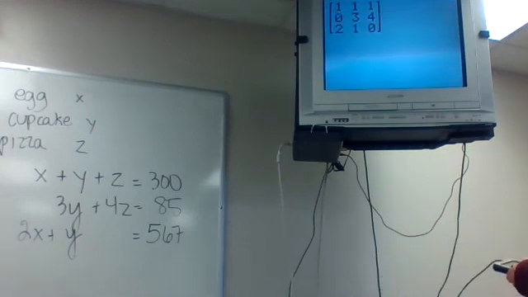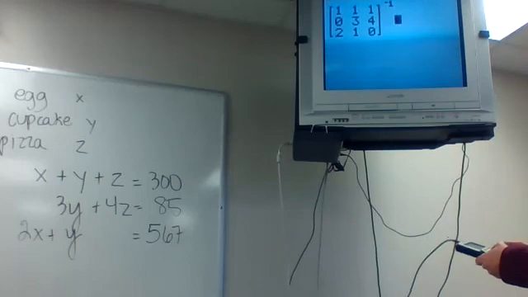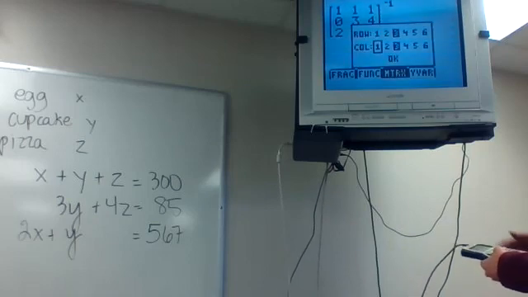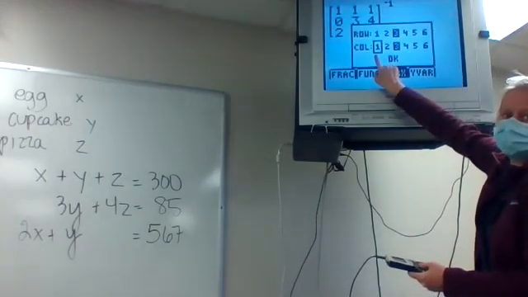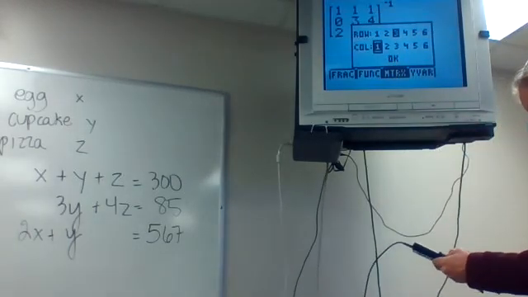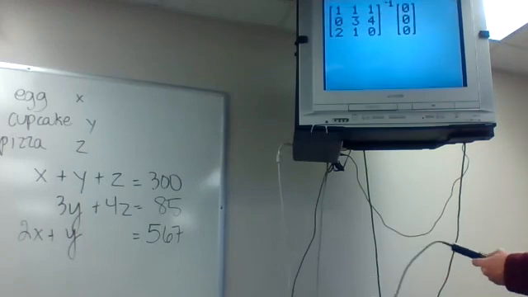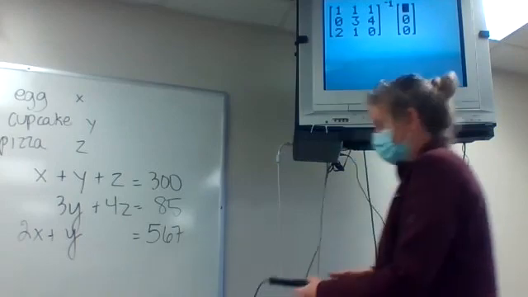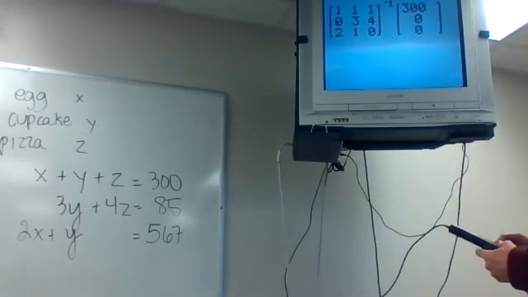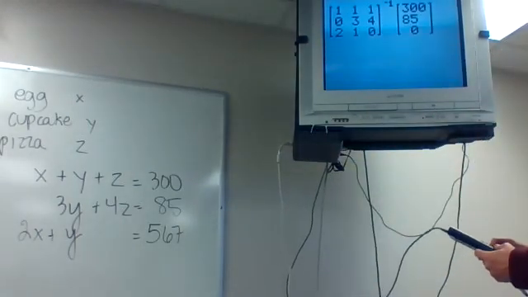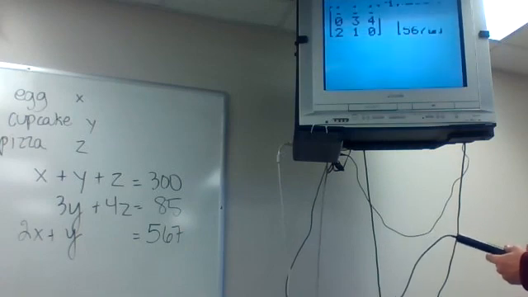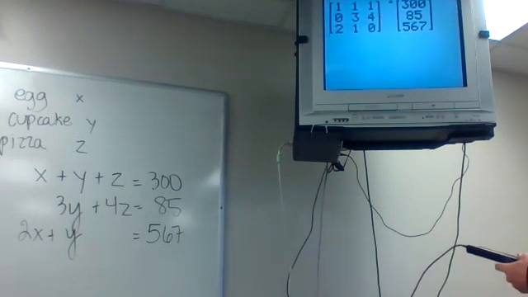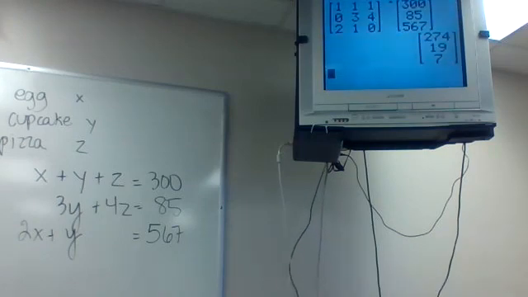Hit your X to the -1 button. And then your second matrix. So alpha zoom. Turn it back into 3 by 1. Okay. And enter those numbers. So 385 and 567. And arrow out of it. And hit enter.